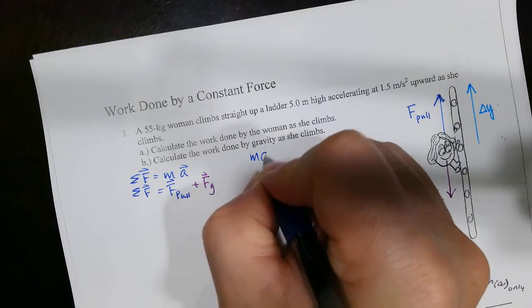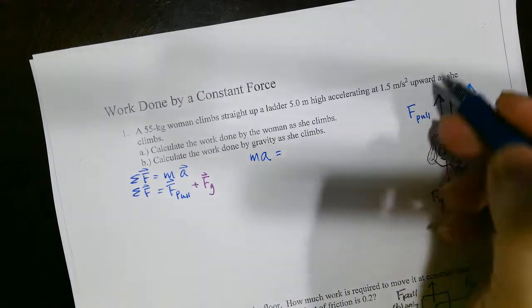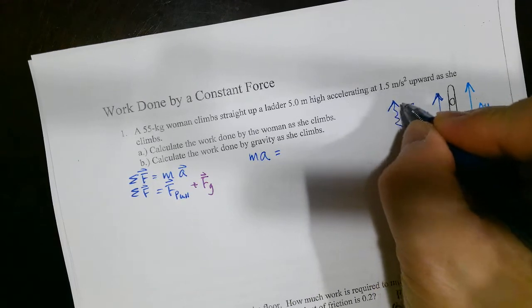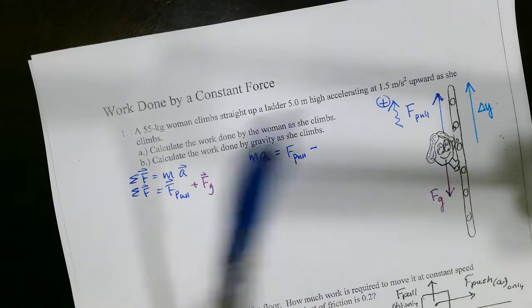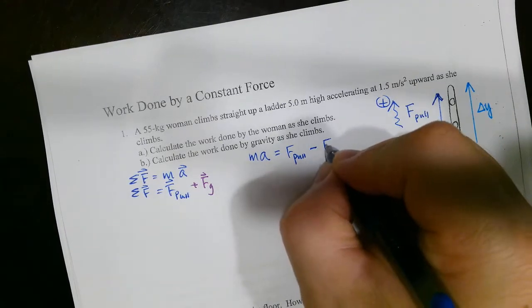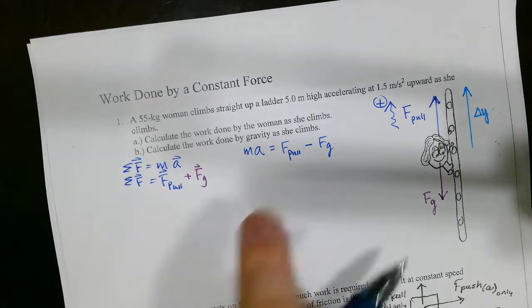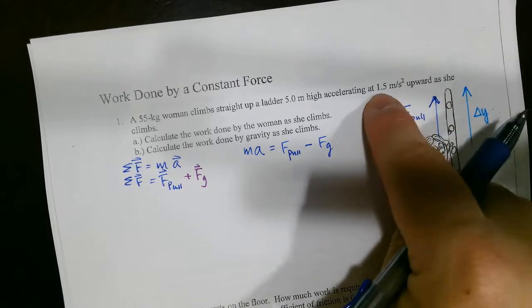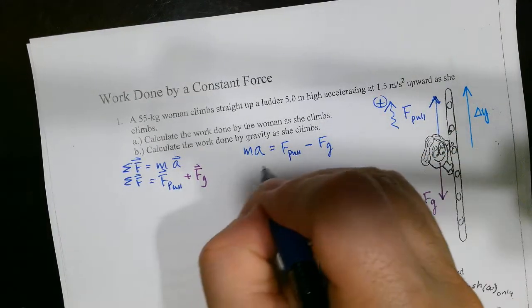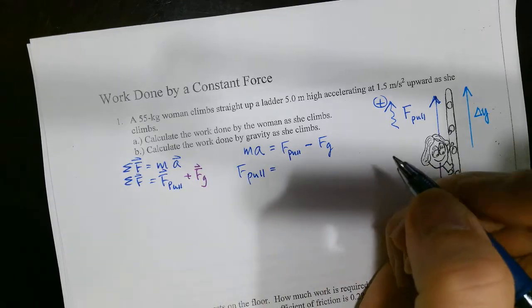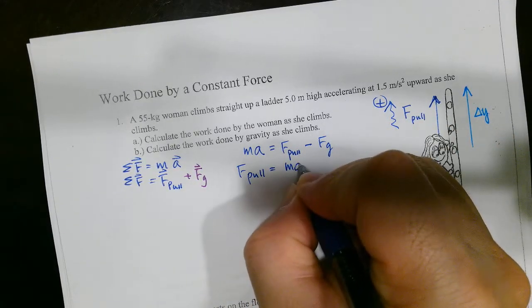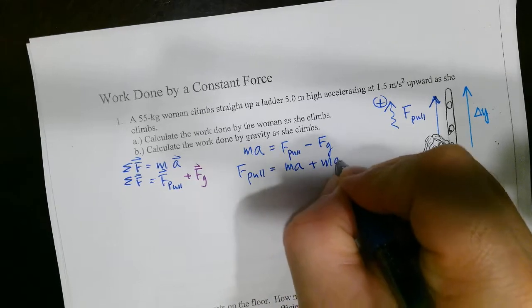So Ma is equal to F pull, I'm going to consider up direction positive. So F pull minus Fg, right? So let's solve for F pull to make her accelerate at that speed. So F pull is equal to Ma plus Mg.